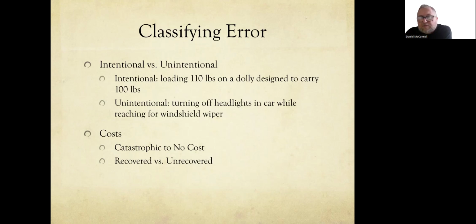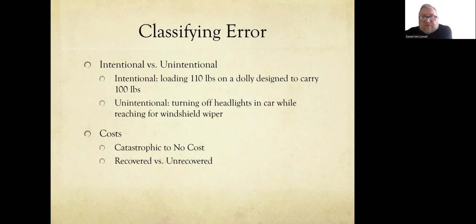So our worker can now make a choice. One choice is to make two trips, and so put half or so of the 110-pound load on this dolly and transport it to wherever it has to go, and then go back and get the other half.